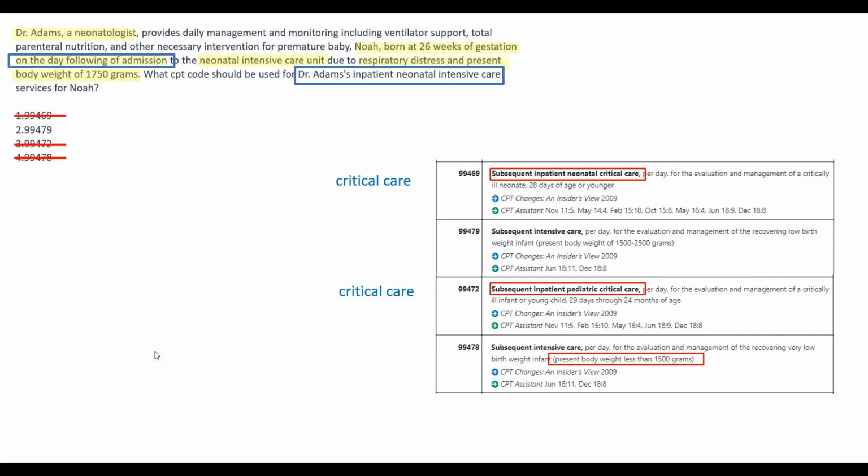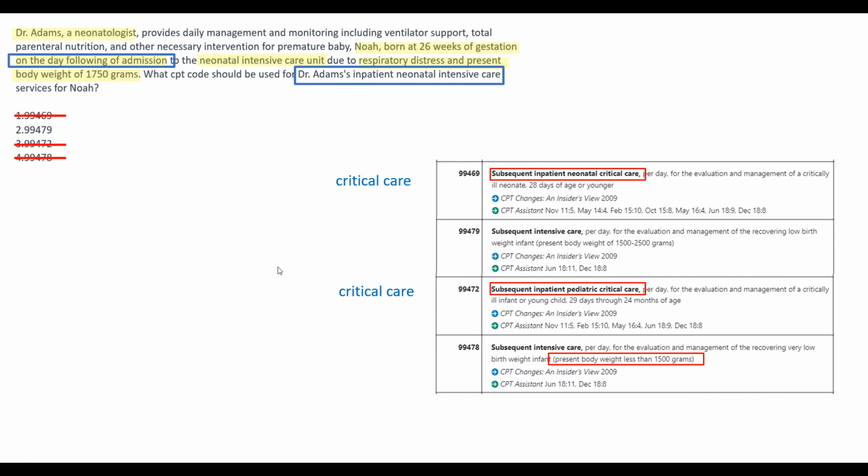subsequent intensive care per day for the evaluation and management of a recovering very low birth weight infant, present body weight less than 1500 grams. So it is for a neonate less than 1500 grams. And in our scenario, the baby had a body weight of 1750 grams.